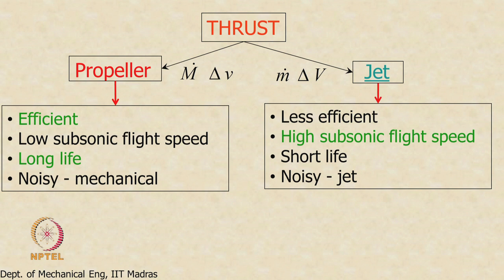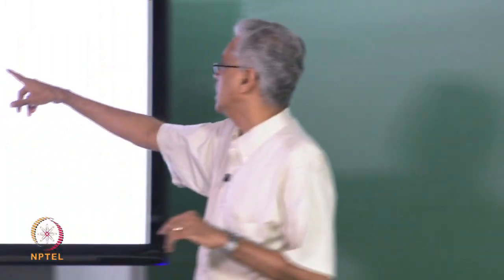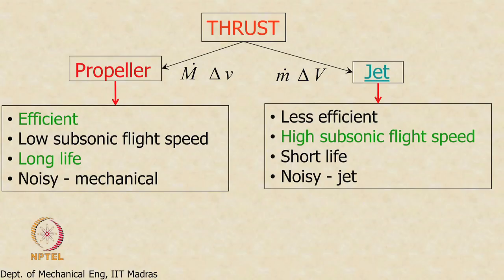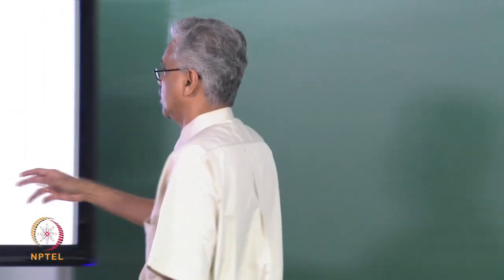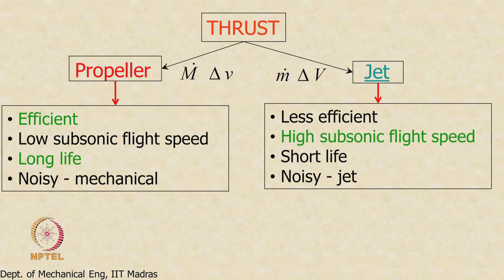But now the noise problem really does not go away. A propeller is very noisy from a mechanical perspective, but a jet engine is very noisy from an aeroacoustic perspective, because you have very high speed air. Remember, we are imparting a large velocity change to the air. Because you have very high speed air coming out of the engine and mixing with the ambient, that mixing noise is very loud, probably comparable to the kind of noise that a propeller engine makes.